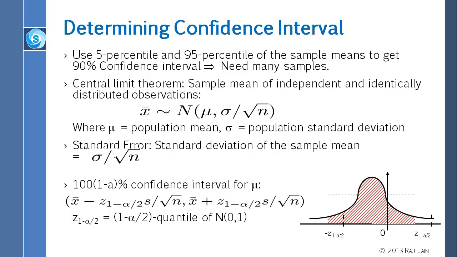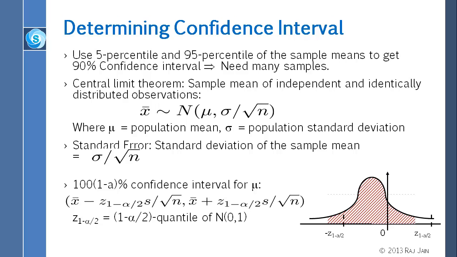What that means is that the width of this curve goes down, and the curve becomes thinner and thinner, more and more peaked. If you take infinite observations, then you can be very sure that the sample mean is the same as the population mean.